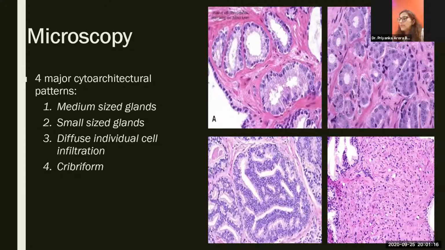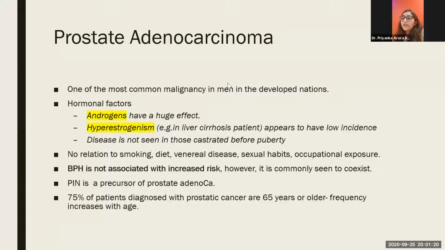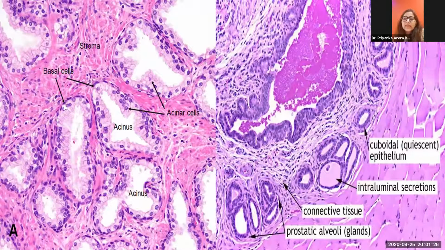So now let me go back to the first slide and tell you that basically we have 3 cells in the acini. Number 1 are these secretory cells or the acinar cells. Number 2 are the basal cells, and these are the ones which have the cigar-shaped sort of spindly nucleus. And this is present in between the acinar cells or the luminal cells and the basement membrane.